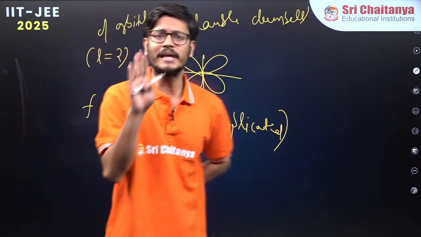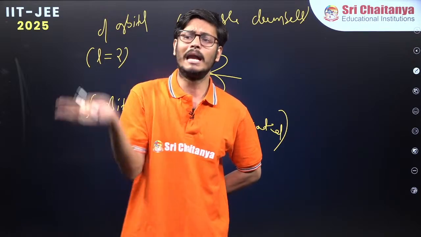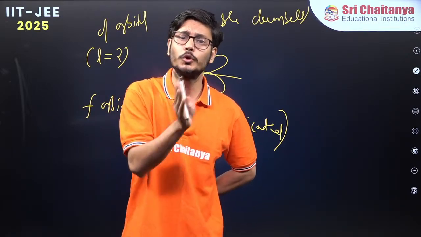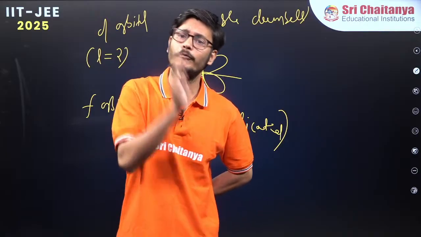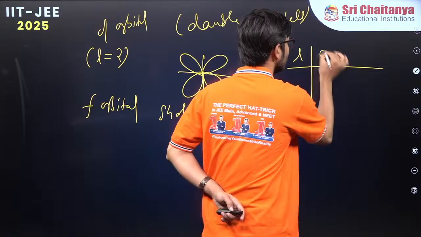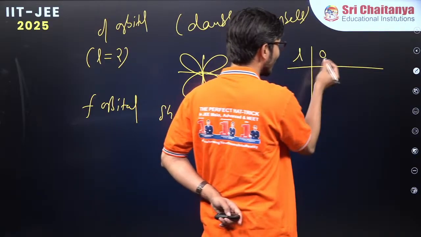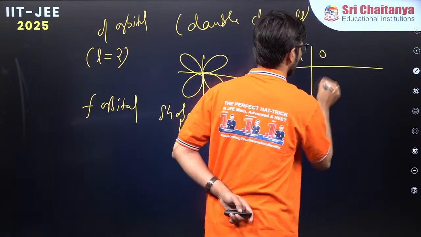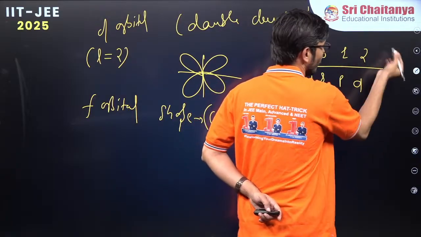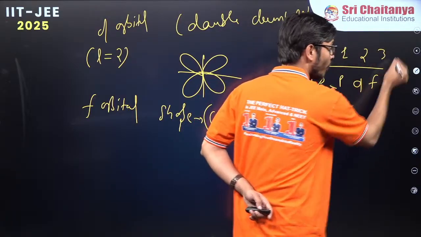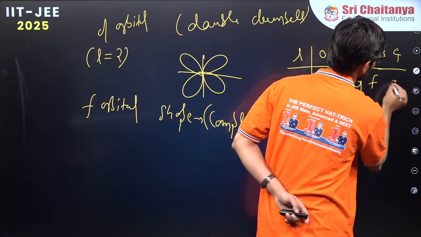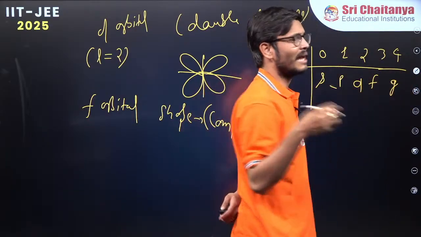So we have four types of orbitals based on the L value. L is equal to 0, S. L is equal to 1, P. L is equal to 2, D. And L is equal to 3, F orbitals. For L equal to 4, it is G, continuing from SPDF. Then H orbital, I orbital.